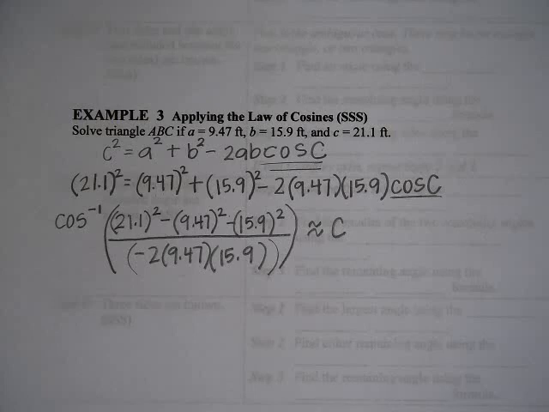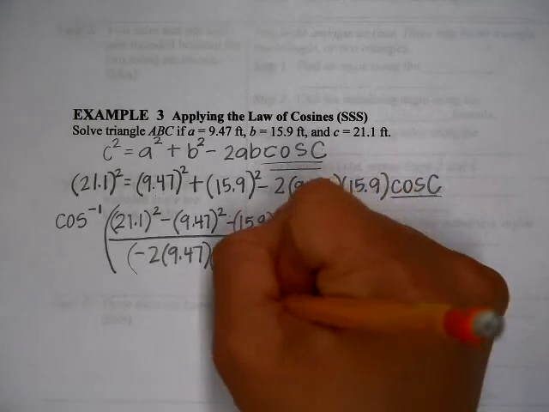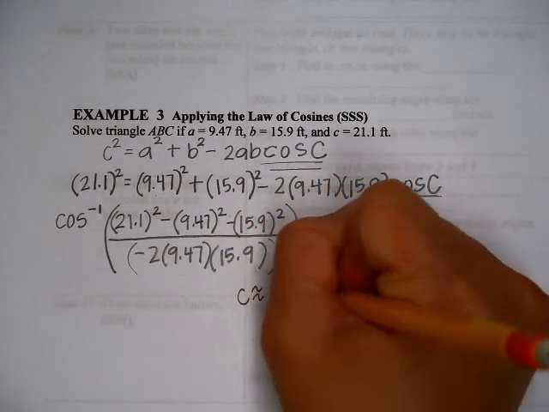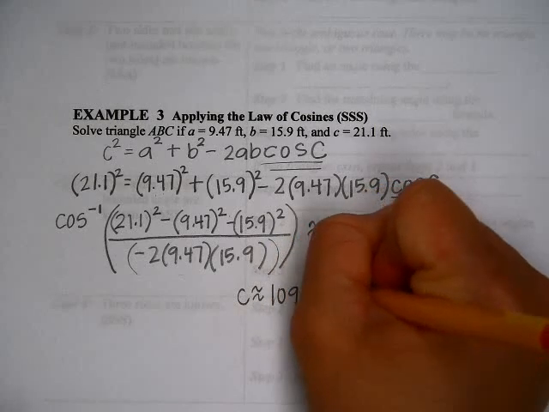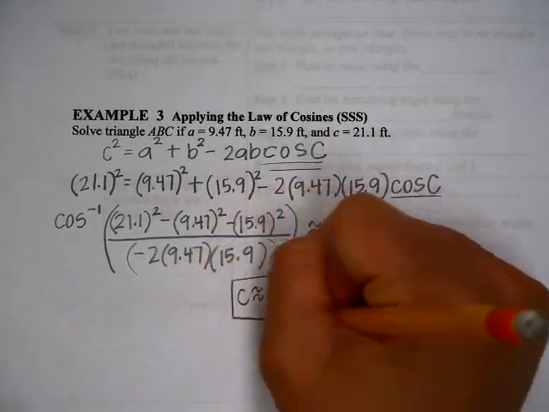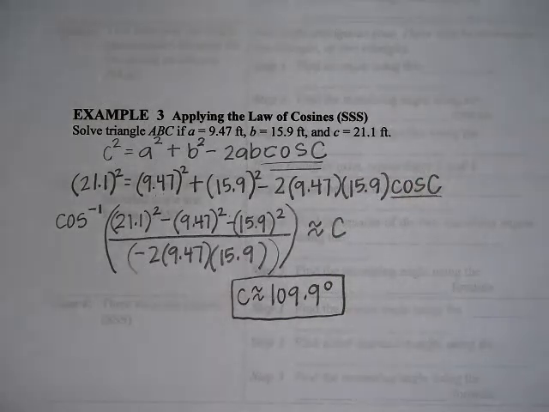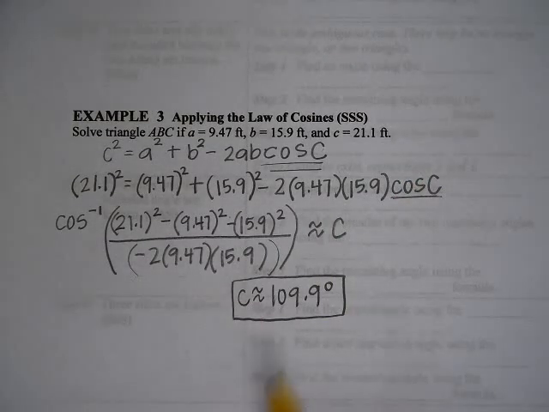Okay. You're supposed to be getting 109.9. Okay. I don't know what I'm doing. I've obviously typed mine in wrong twice. So, this is what you're supposed to be getting, but I'm doing something funky. I know my mode's right because we've been in it all day.